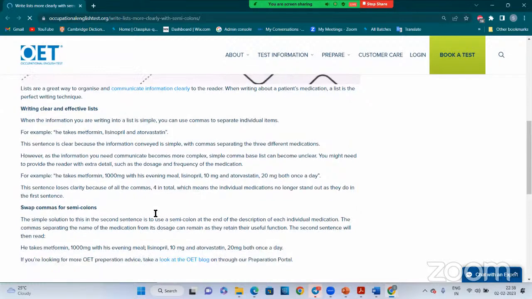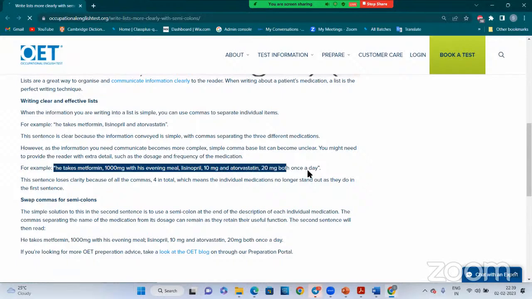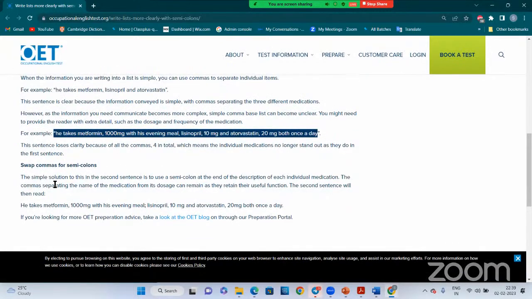Listing things with the semicolon. Instead of commas: he takes metformin 1000 mg with his evening meal, lisinopril 10 mg and atorvastatin 20 mg both once. This is with commas. You remove the commas and put semicolons. Swap commas for semicolons, then it will be easy for you.